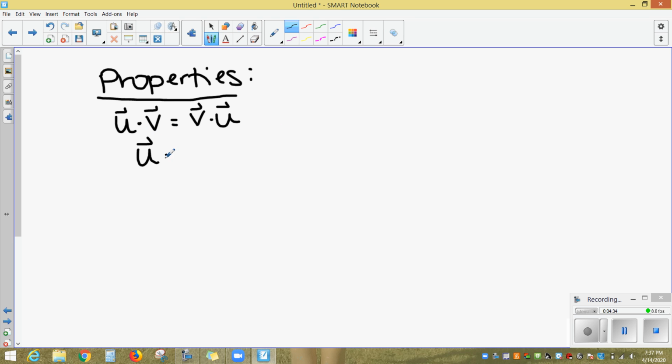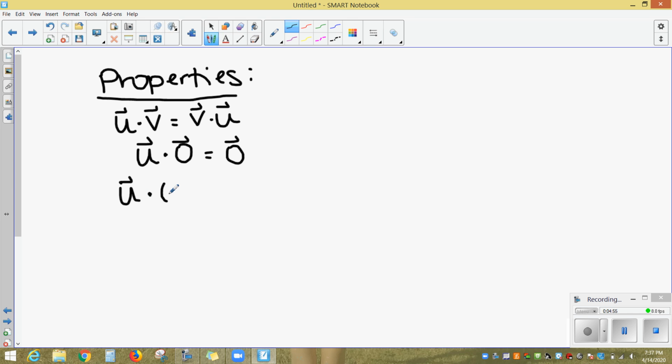If you take the dot product of any vector with a 0 vector, meaning the x component and the y component are both zeros, then you're going to get 0. Because you're adding up a bunch of zeros. We can think of dot products as being distributed.